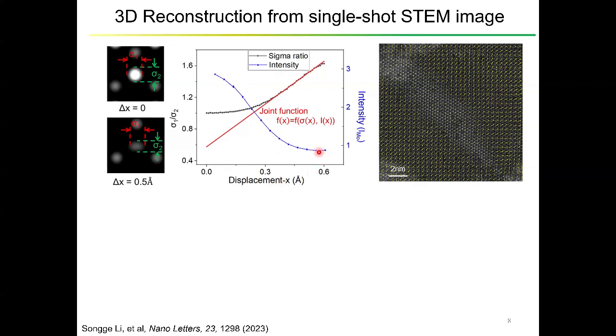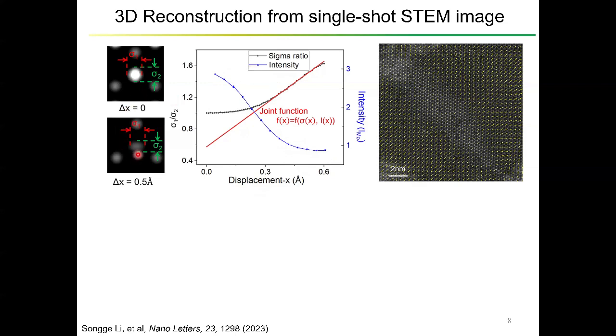But there's a problem. You can see that at a large displacement, around 0.5 angstrom, the intensity tends to saturate. That means we cannot distinguish how large the displacement between two selenium atoms is only by the intensity, because they look the same, right?